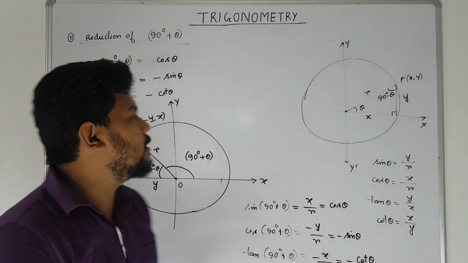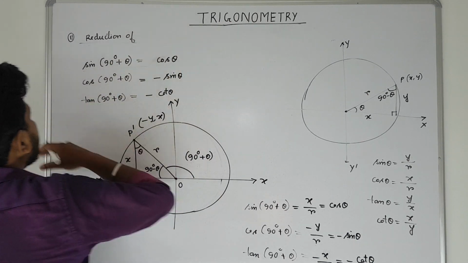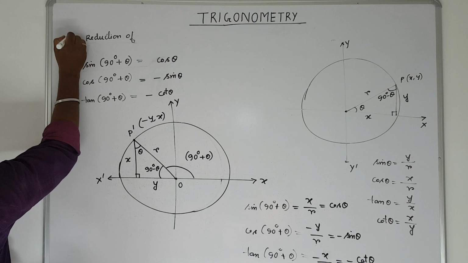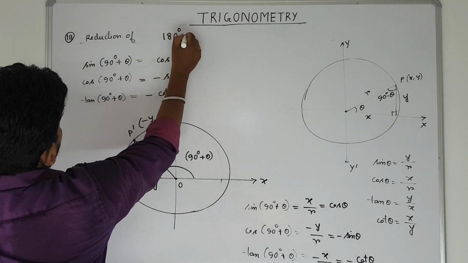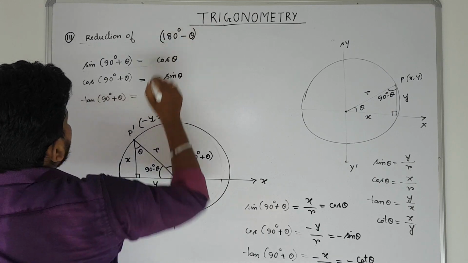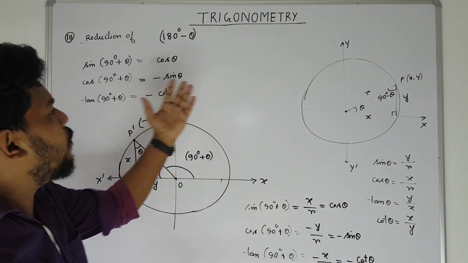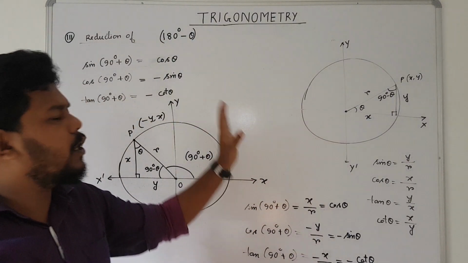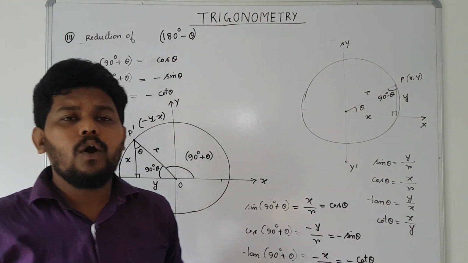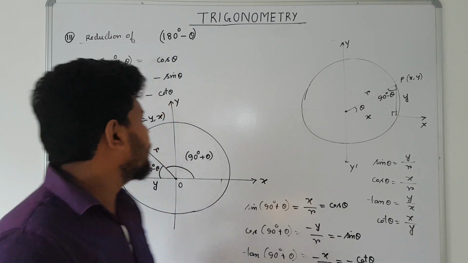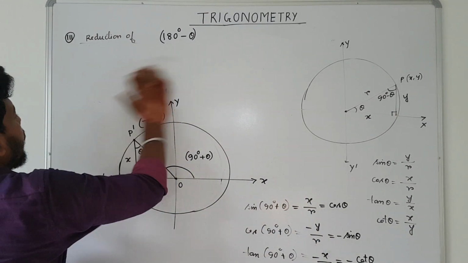Similarly, we can reduce the angle, this number 3, it will be 180 degree minus theta. I will not show all the reduction. I will just write the formulae, and you can learn these things from any other book or any other materials.